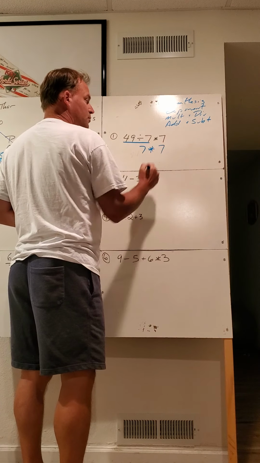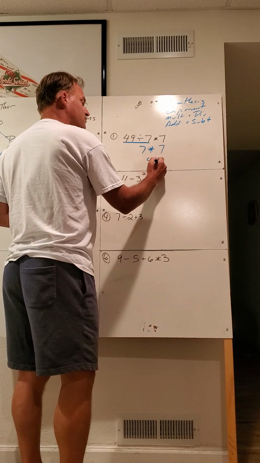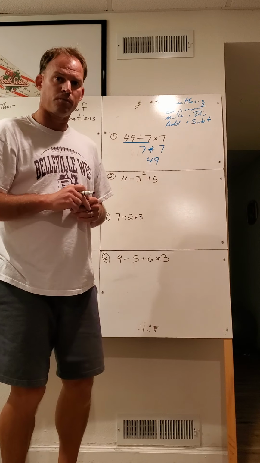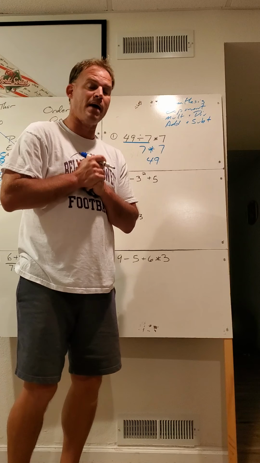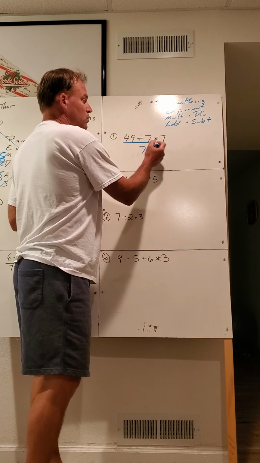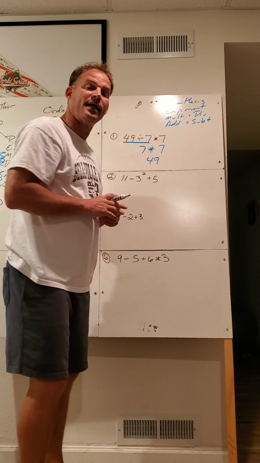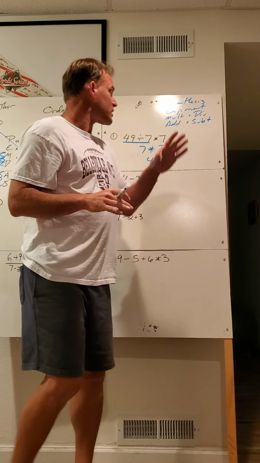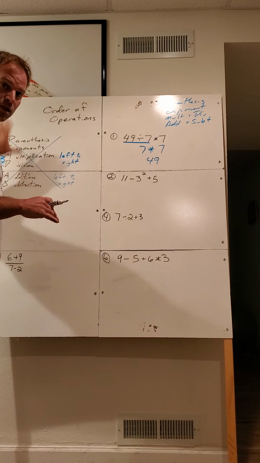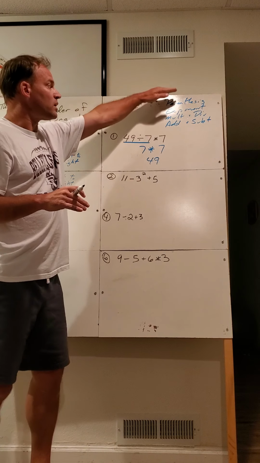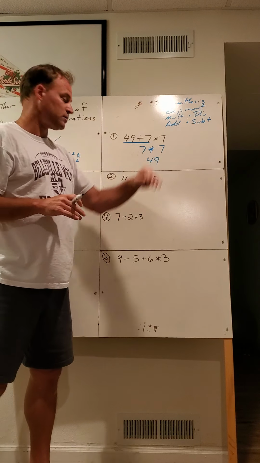Copy down the rest of the problem. 7 times 7 is 49. That's the answer. Many, many, many of you would try to do the multiplication first and do 49 divided by 49 and get 1 here. Okay, that's why we don't want to emphasize this. We want to fix this. We want to think in these levels.